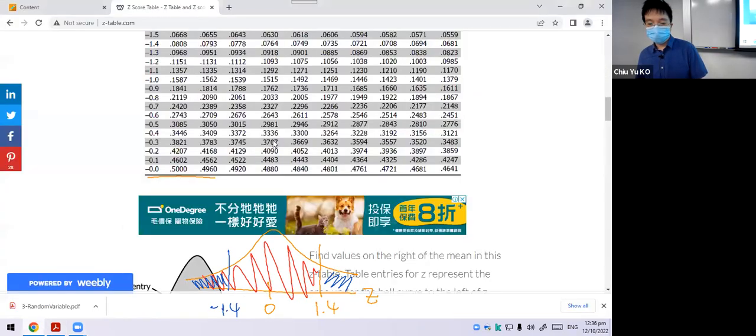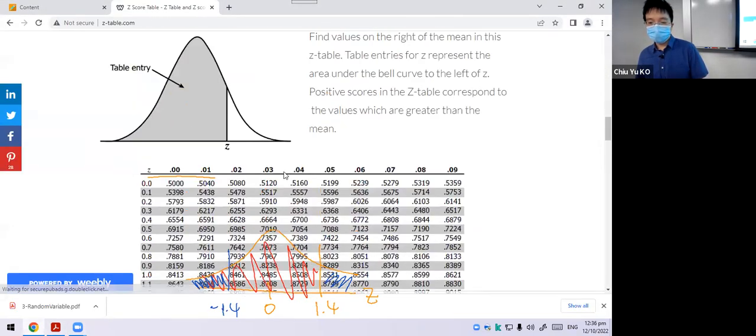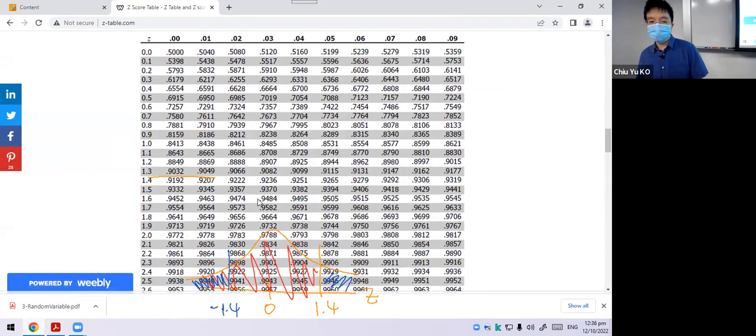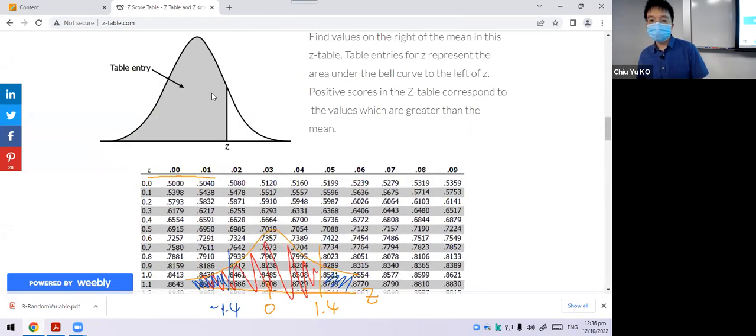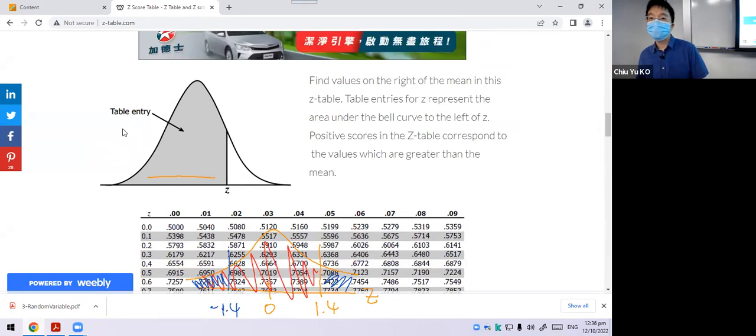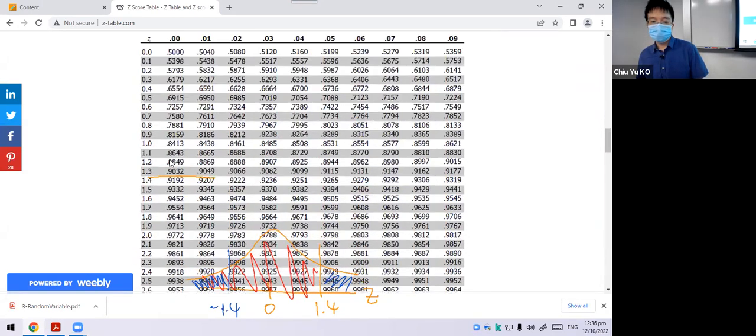So let's see the graph here. We do this one, the red value is 1.4. This is the positive one, and the value we have for 1.4 is exactly this. I'm not sure you can see it clearly, but this is exactly 1.4. And you may ask, what are the columns?